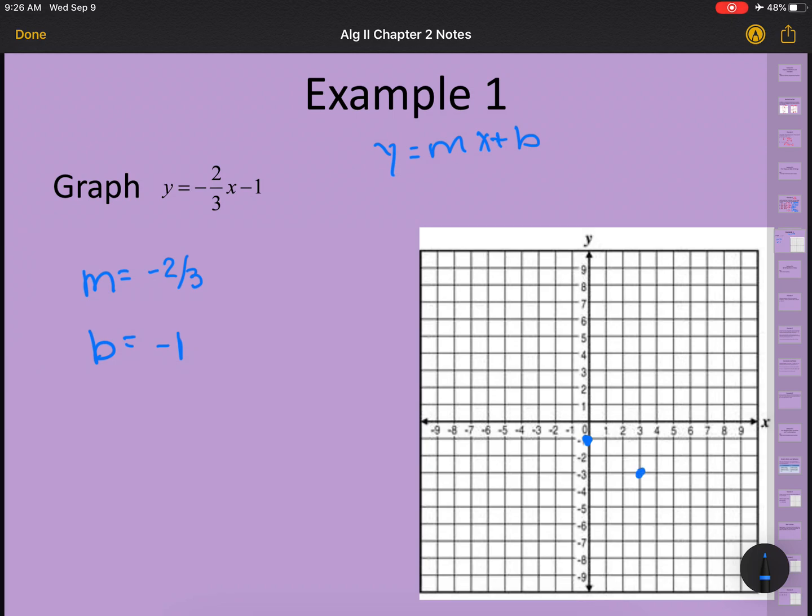Down 2 more, to the right 3. And you can keep doing that until you run out of room on your coordinate grid. You could also go up 2 to the left 3. Then the last step here, connect them, and you're done.